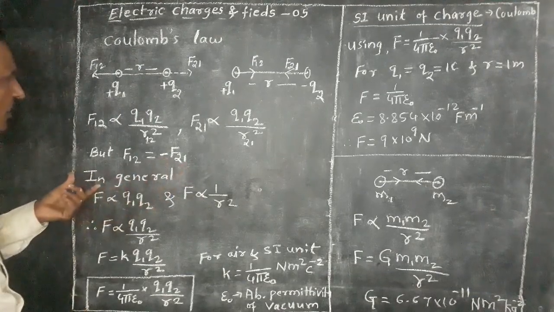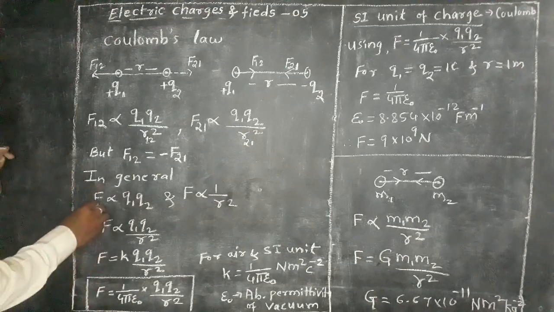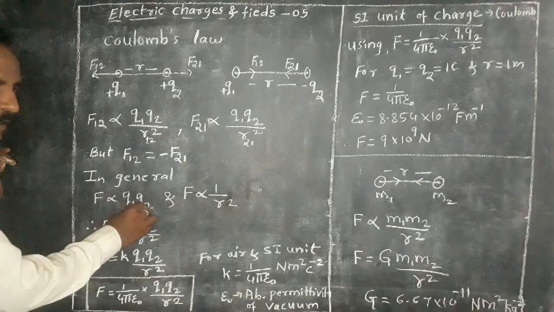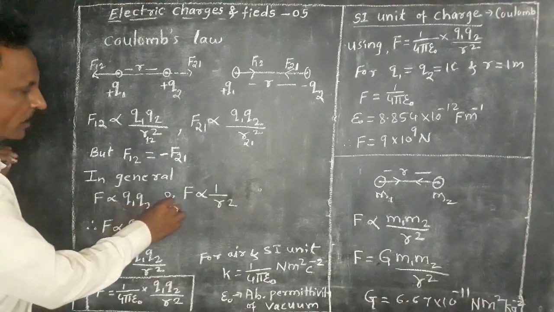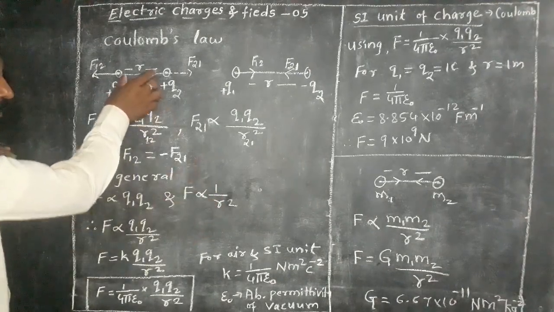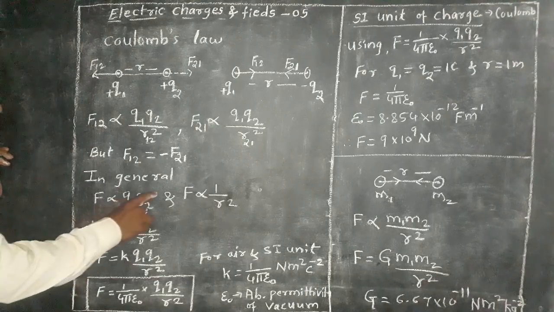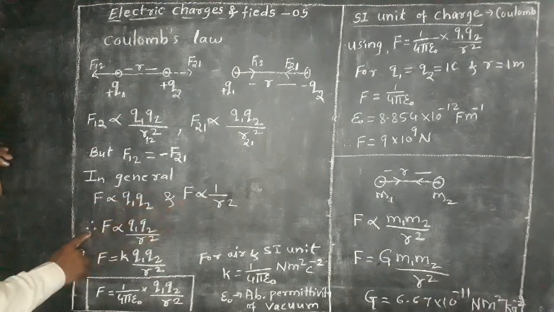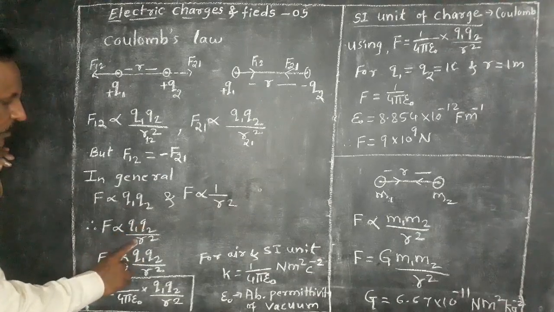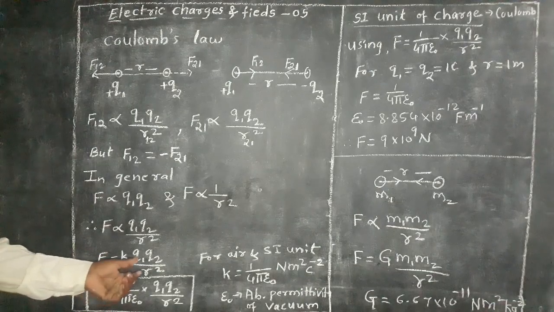Therefore, in general, Coulomb's law can be written as force is directly proportional to the product of q1 and q2, and F is inversely proportional to the square of the distance between them, or summing these two, F is proportional to q1 q2 upon r square, or F equal to k into q1 q2 upon r square.